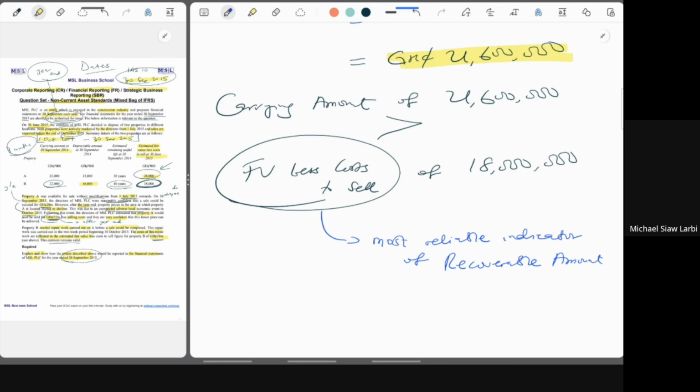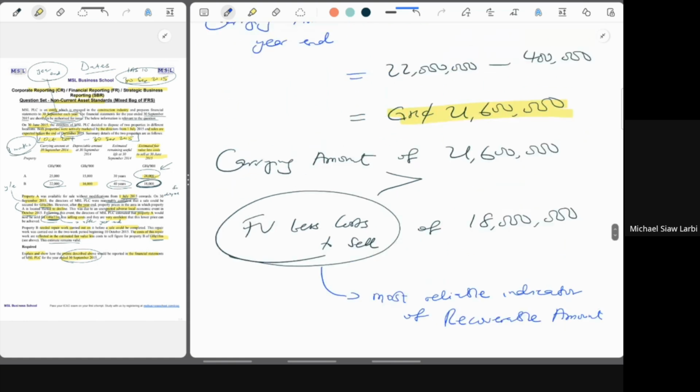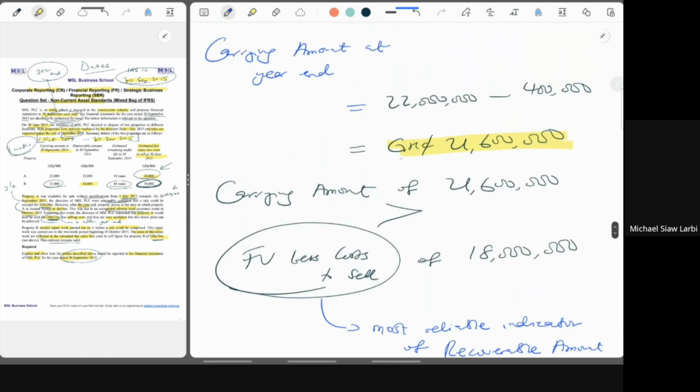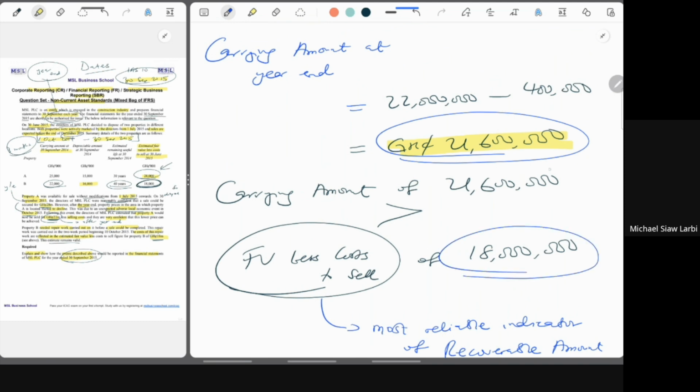We don't have the value in use, but we can say this is prima facie evidence that the asset is impaired. Why? The carrying amount of 21.6 million is greater than the fair value less cost to sell of 18 million. The difference between 21.6 and 18 million will be your impairment charge. You write down the asset to the fair value less cost to sell, and that will be it, right?